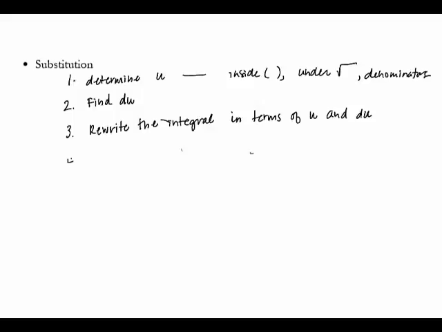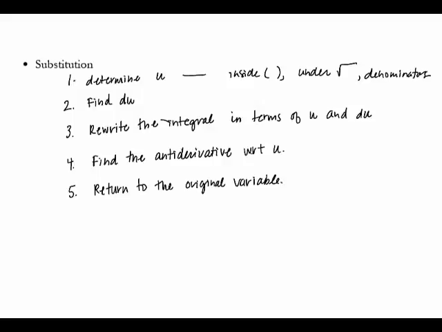We can't have some extra x's or t's or y's floating around. We need just one variable. Once we've made that transformation, we can find the antiderivative with respect to u. And then now we know the antiderivative, we can return to the original variable.